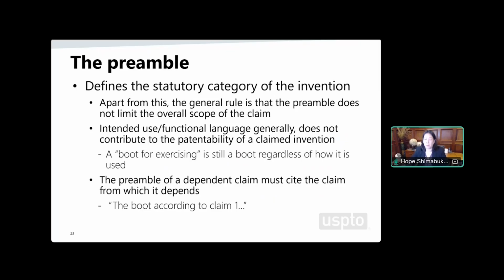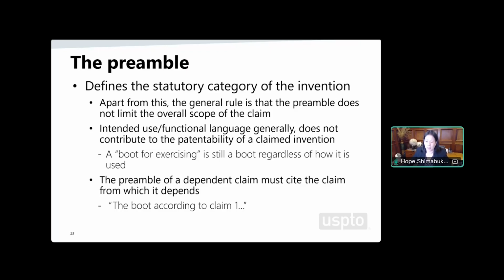The preamble is the introduction in which it defines the category of the invention, specifically whether it's a device, a method, or a composition category for the invention. And aside from actually defining the category, the general rule is that the preamble does not limit the overall scope of the claim, because the intended purpose of the preamble is just to refer to the category.